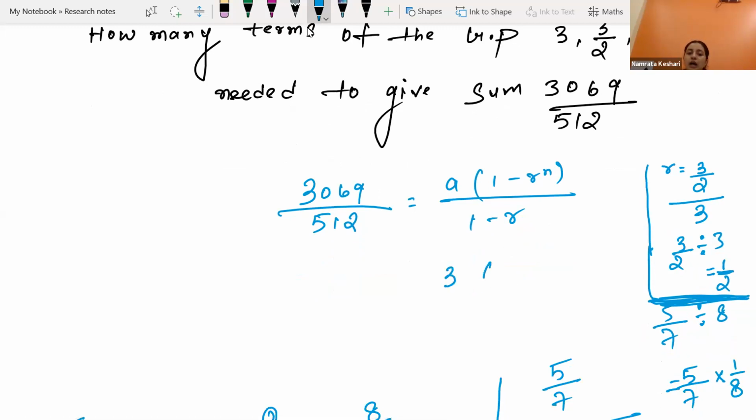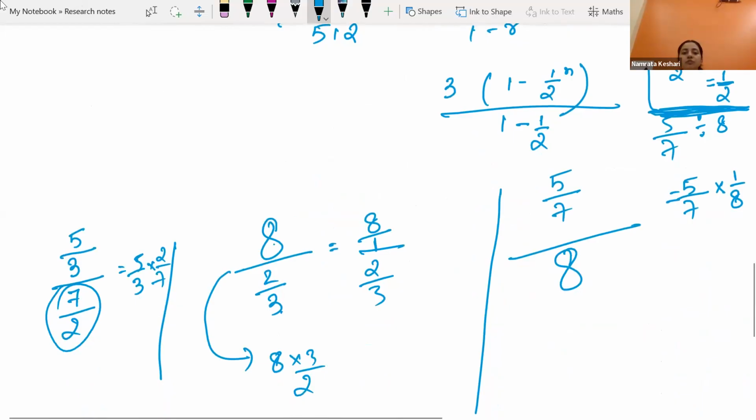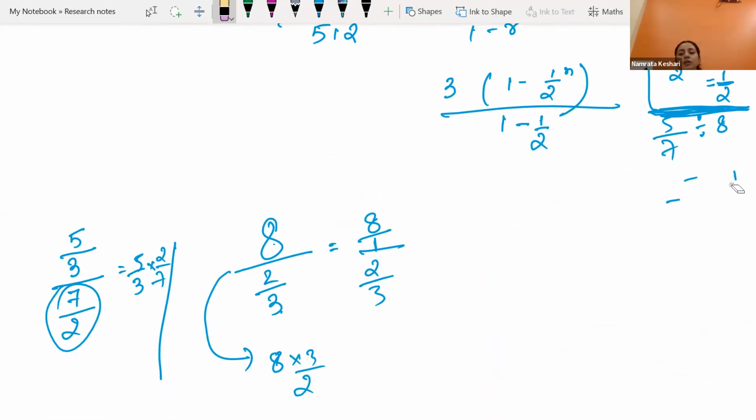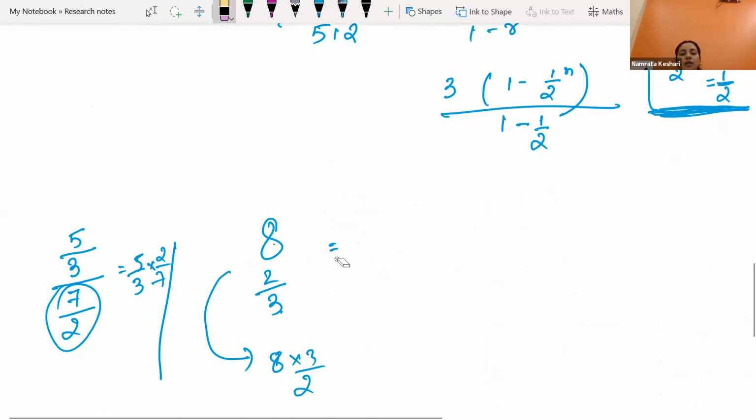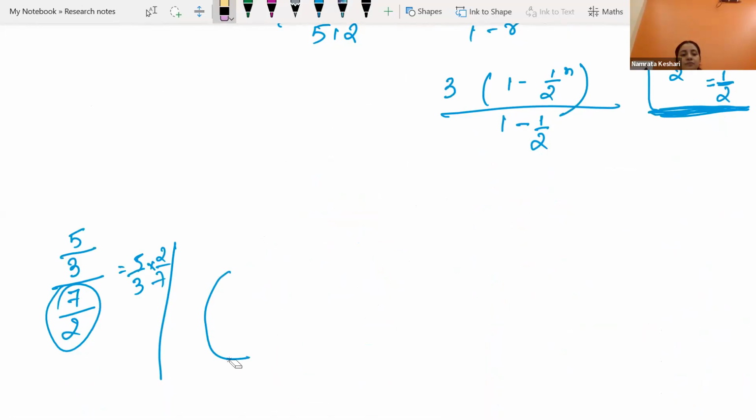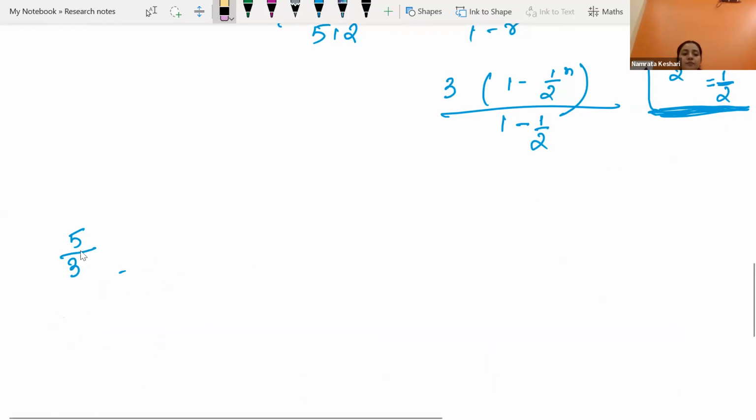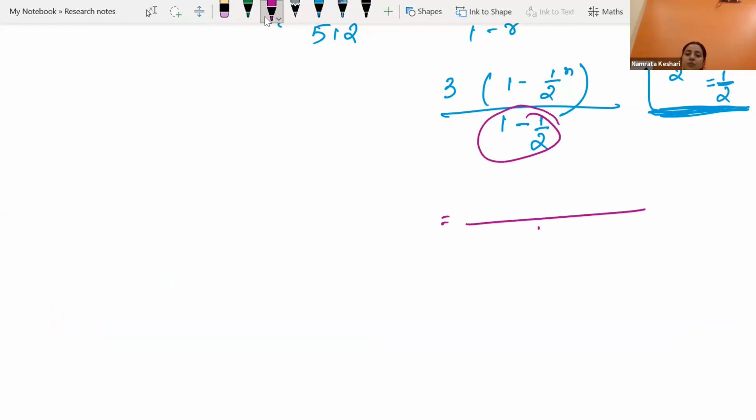So a is 3, r is 1 by 2, to the power n over 1 minus r. Let's do the simplification. In the denominator we will be having 1 minus 1 by 2, which means just 1 by 2.